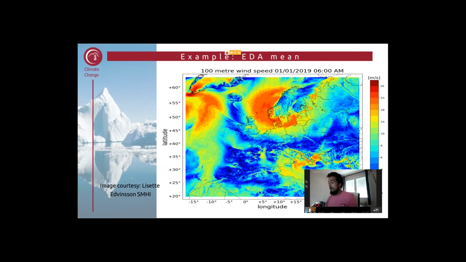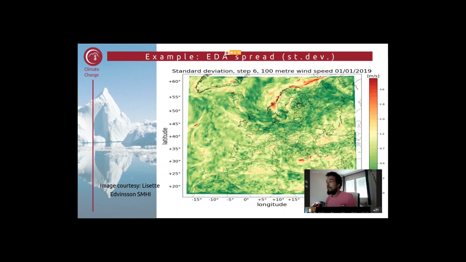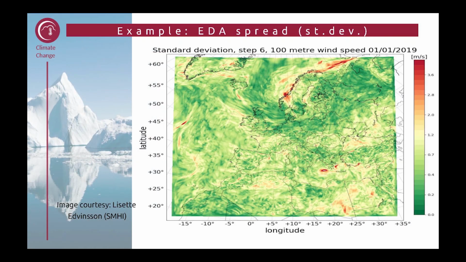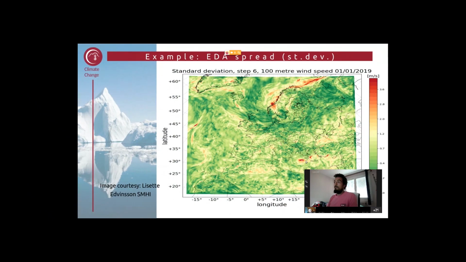If you then couple that by looking at the EDA spread, you can see, over Norway, there's quite a lot of spread. And down near the south, southeast of Italy, there's a bit of high standard deviation. So the way you can interpret that is these are the parts where I wouldn't trust the data as much, but that's as far as it goes with that.